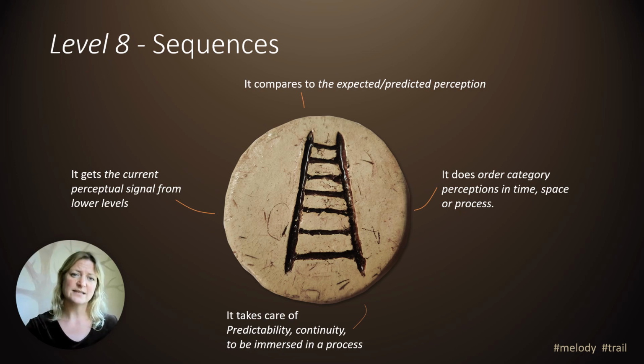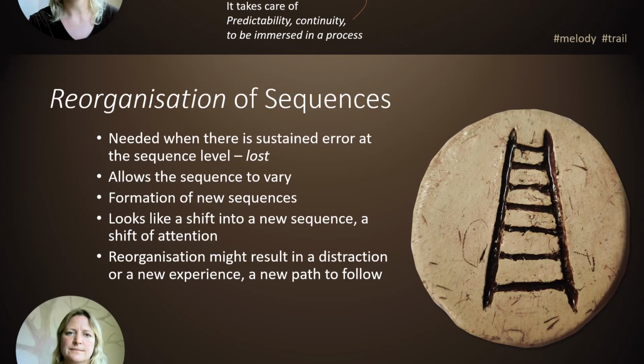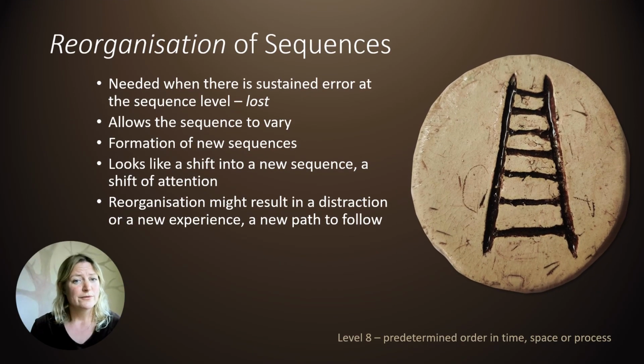This sense of continuity allows you to be immersed in the process. So what it gets is the current perceptual signals from lower levels, and it compares this signal to the expected or predicted perception. And it makes the world more predictable by ordering category perceptions in time, space, or process. So reorganization is needed when there is sustained error at the sequence level, and this will feel like you are in the wrong place, that you are lost.